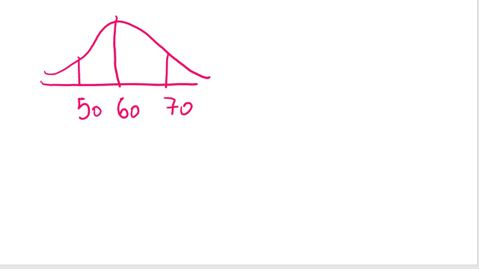So I want this probability. You can just make a decision. It would be very easy to see percent to mean, and you get your Z score for 50.